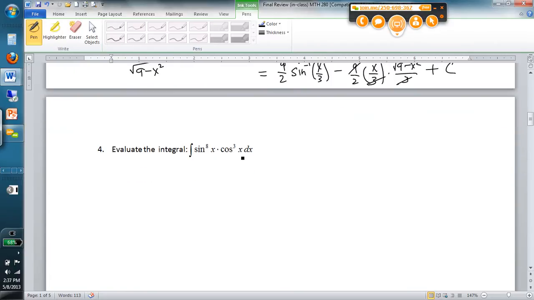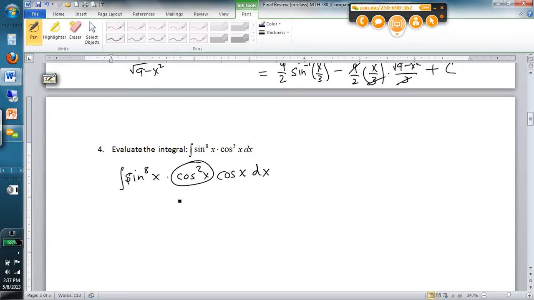Keep a cosine out. So I'm going to rewrite this as sine to the 8th x, but then I'm going to break cosine up into cosine squared and cosine x dx. And then change over the cosine squared to 1 minus sine squared.